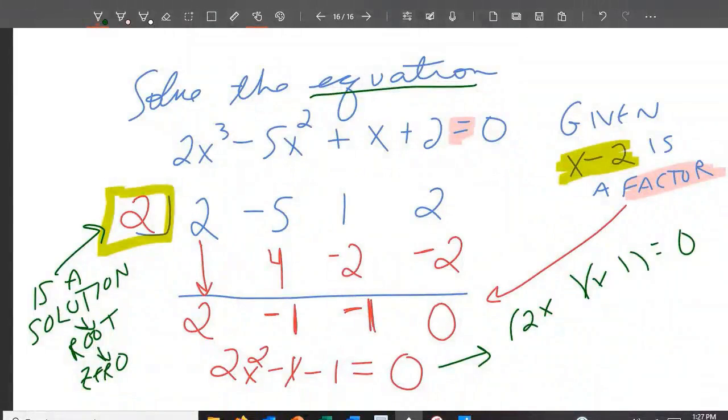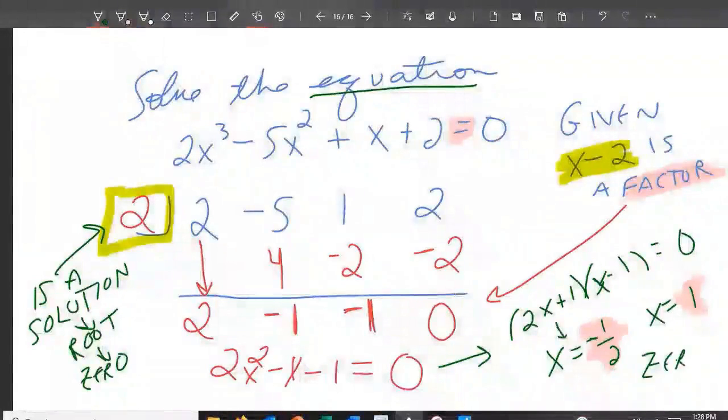And we're going to get negative 1 plus 1 here. This goes back to chapter 2 where we were solving quadratic equations. Solving this one, we're going to end up with x being negative 1/2. This one will be x equals positive 1. Guess what? These numbers are called zeros, or roots.